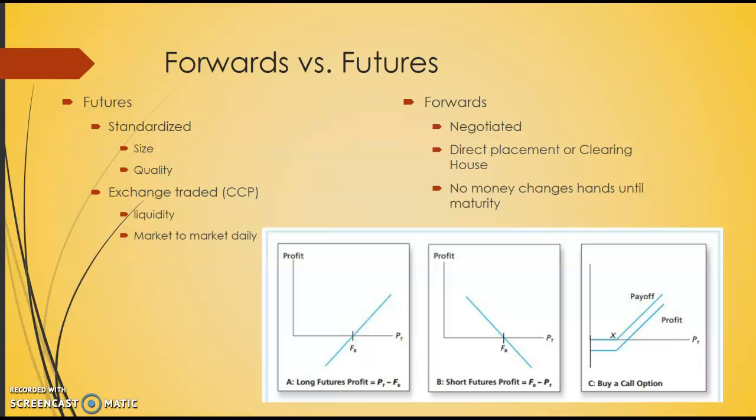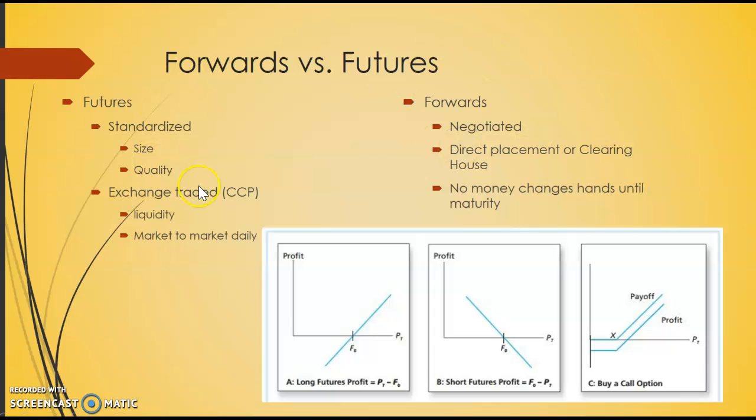And they offer more liquidity because they're mark-to-market daily to be traded on an exchange. So this mark-to-market daily means that both sides exchange the price variation, the gain or loss, on a daily basis. This provides the exchange with a little more backup and prevents either side from walking away.